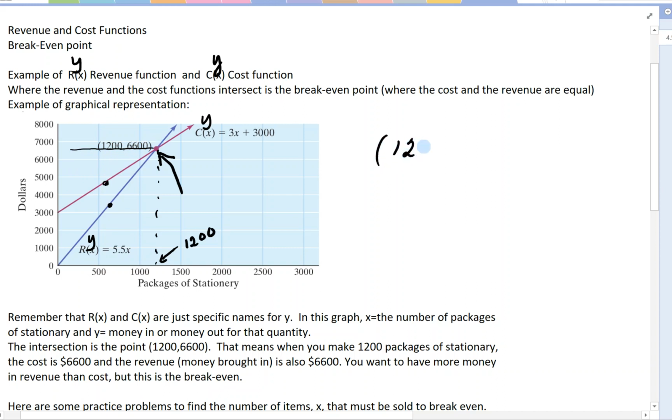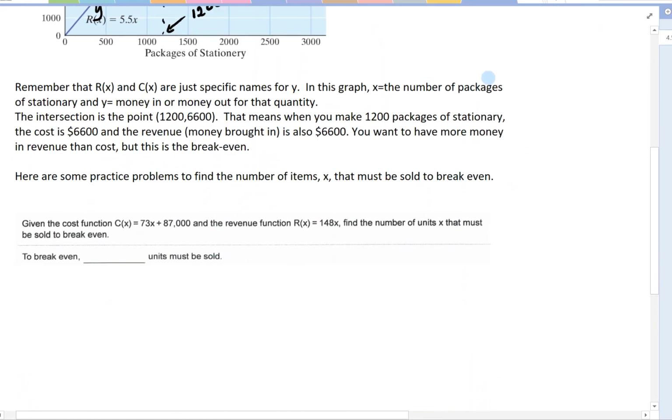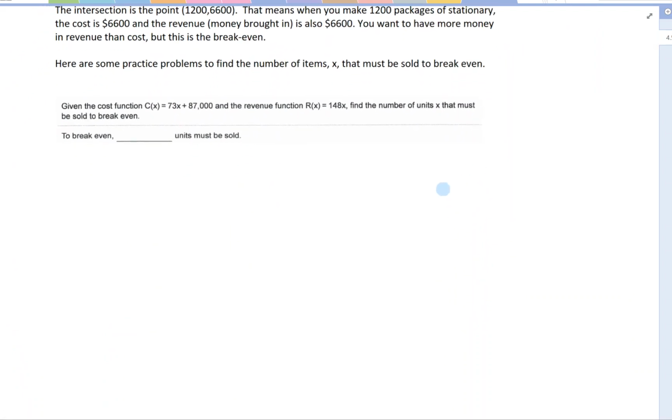So it is 1,200 packages of stationery and it is $6,600. That's when you break even. In the financial world, you would rather be in this scenario because the revenue, the blue one, is higher up than the cost.